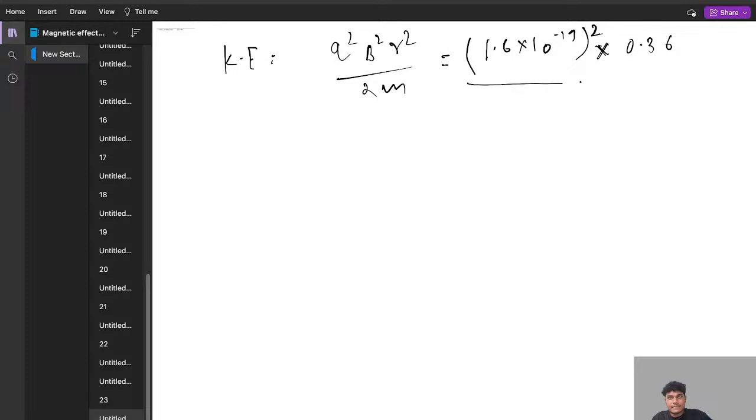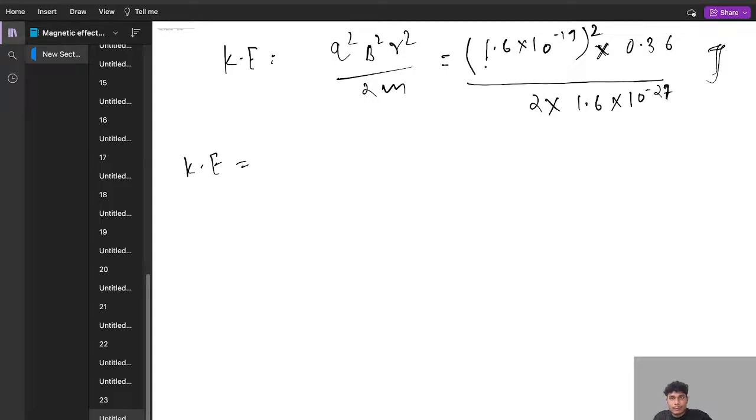And what is B, that is 1. Okay, 2 into what is mass, that is 1.6 into 10 raised to power minus 27. Joule, this much energy is our kinetic energy.